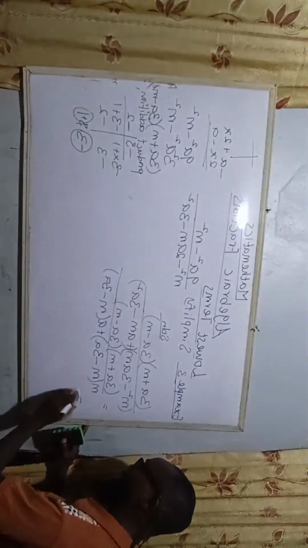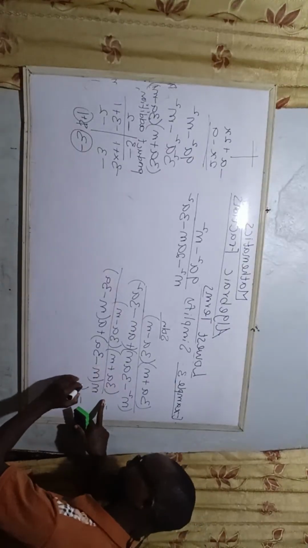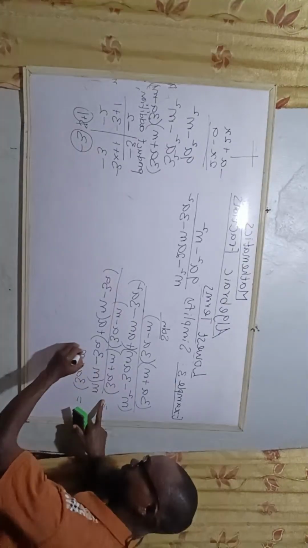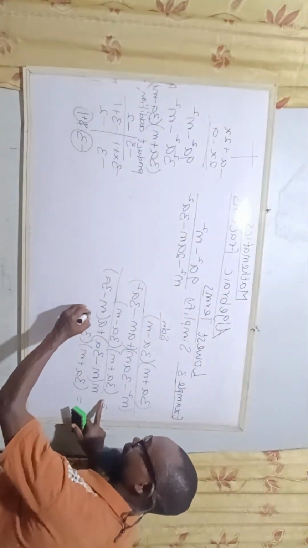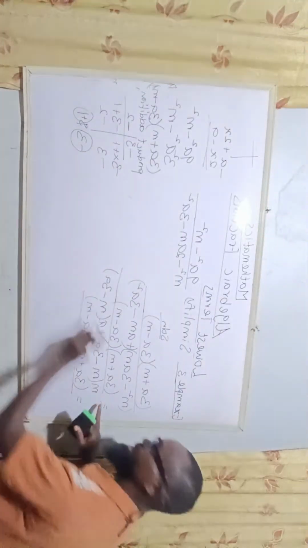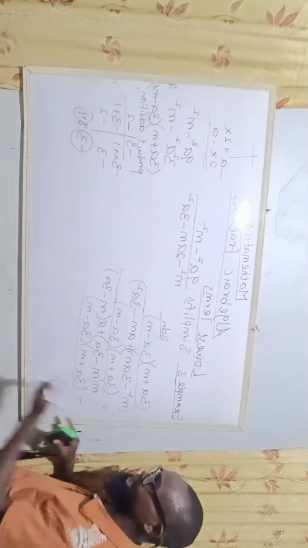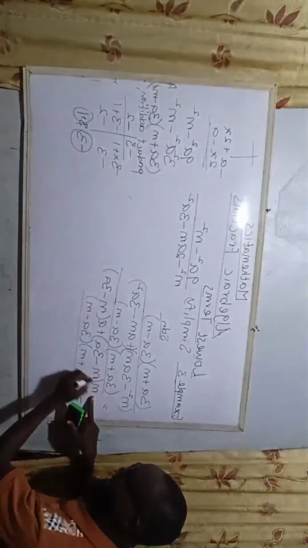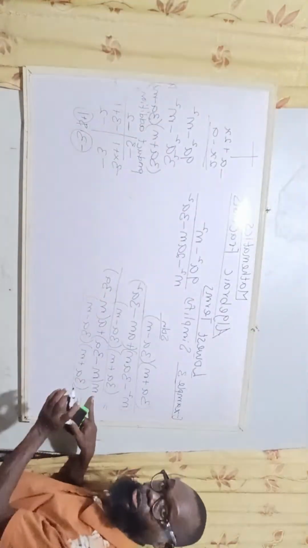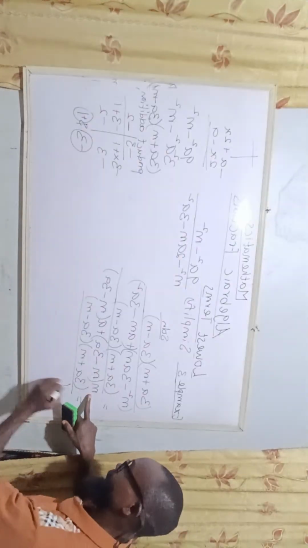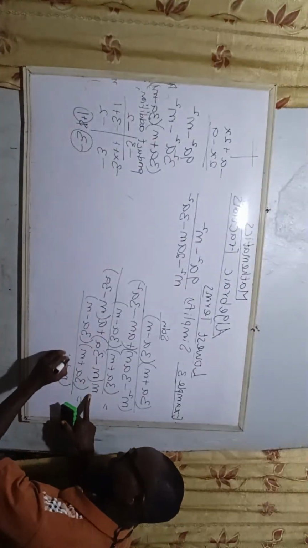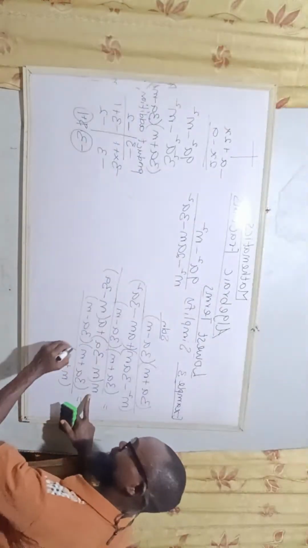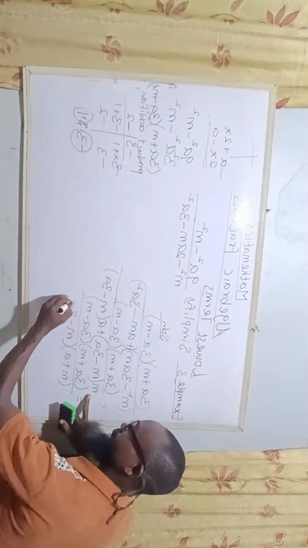Now you come down here and say, we have 3a plus m and 3a minus m. That is the numerator. For the denominator, don't forget what is here and here must be the same in a quadratic equation. Now let's take this one, m plus a, and take one of these, m minus 3a.